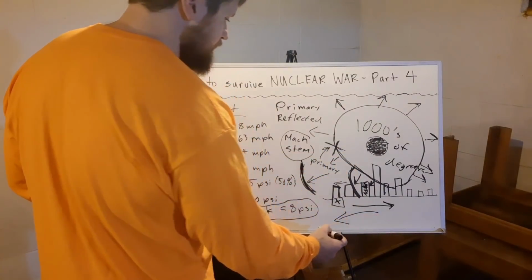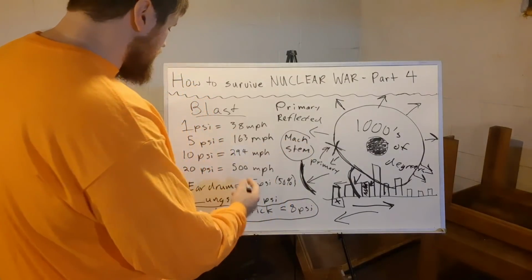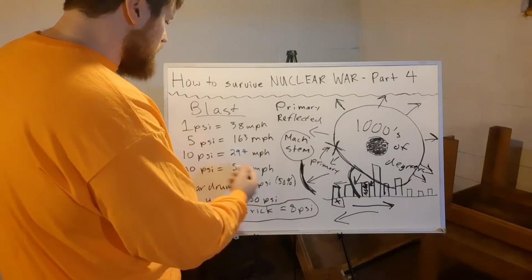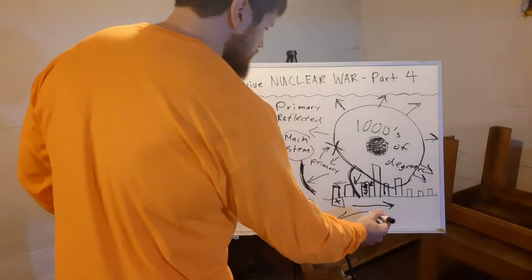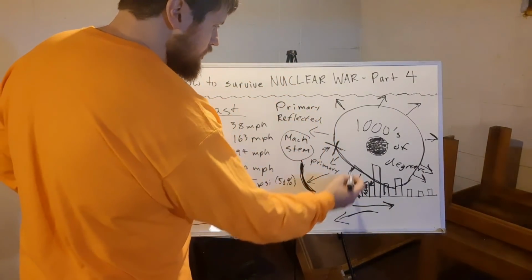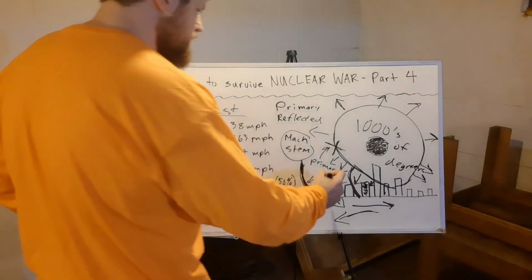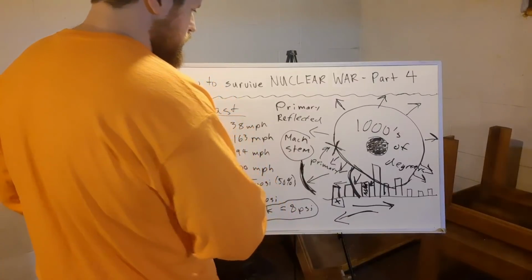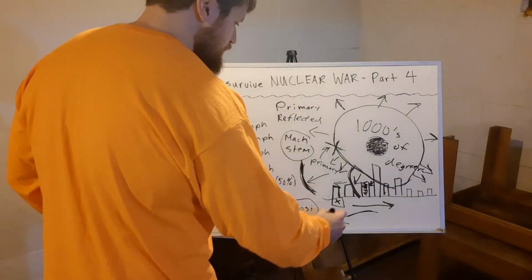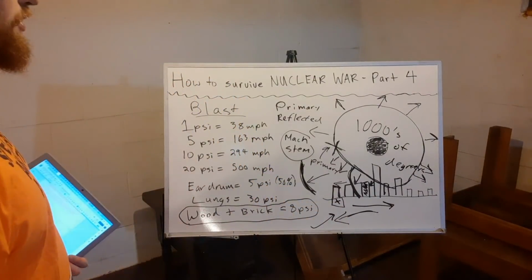You have your positive phase, which is your main Mach stem and the main pressure, the 20 psi or greater. That's the positive phase, radiating outward in this direction. And then the negative phase, there's going to be sort of another blast wave that goes back towards the detonation point to fill the vacuum that was created.